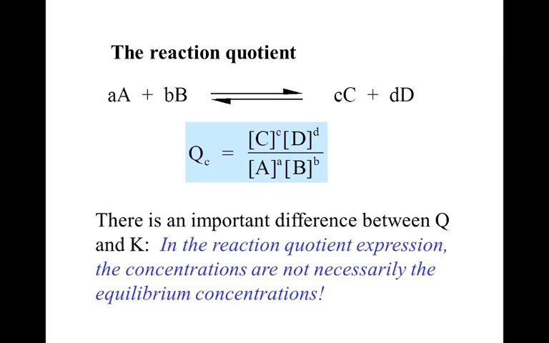So Qc takes on the same form as Kc. This is your reaction quotient. Sometimes I have a hard time thinking of the name reaction quotient, but like I said, it's a snapshot, and this is not necessarily at equilibrium.